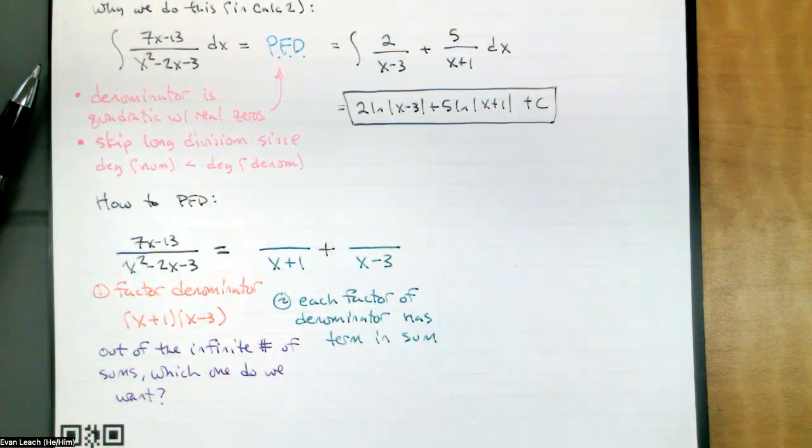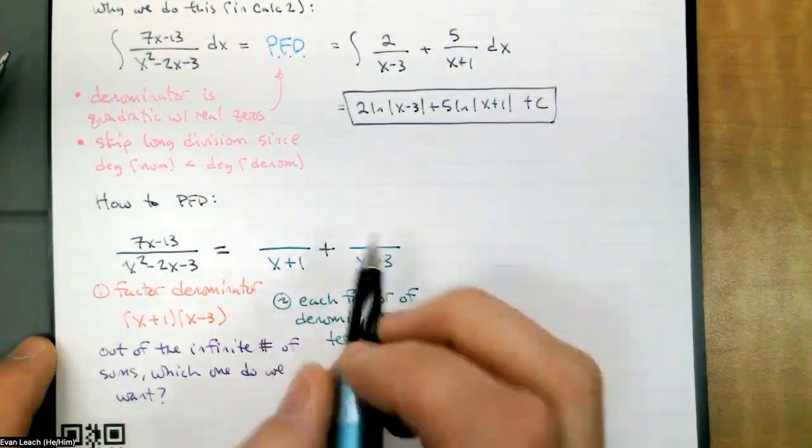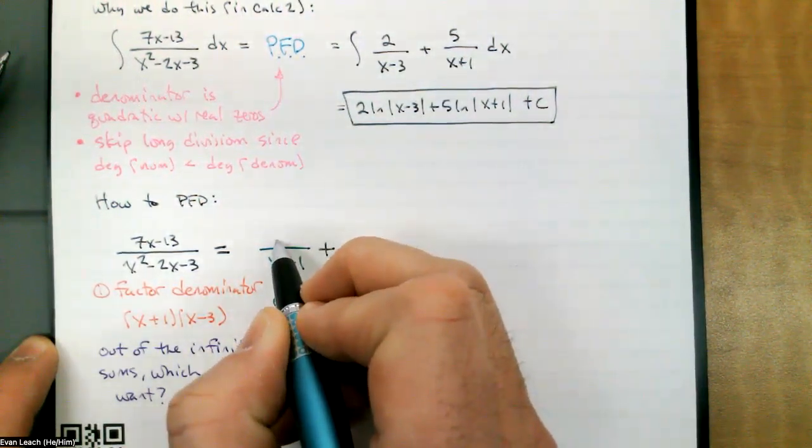So, third, we put in generic numerators. Since the degree of the denominator is 1, the numerator has to be degree 0.